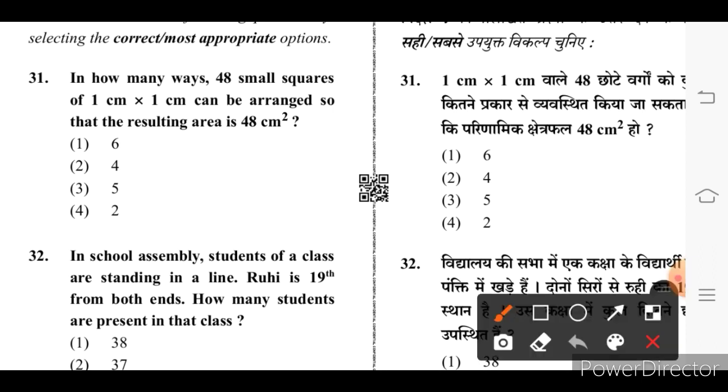So what is the formula for the area? Length into breadth. Length into breadth is equal to the given 48 centimeter square. So L and B are the factors of 48.